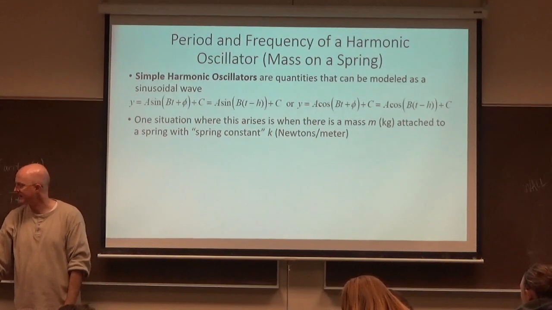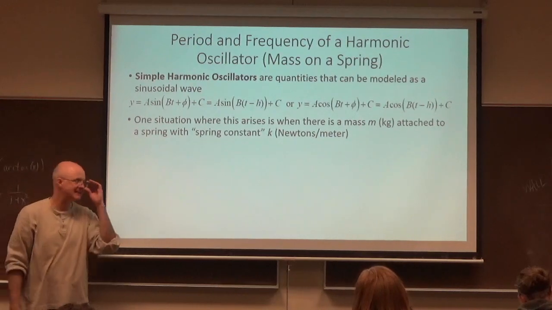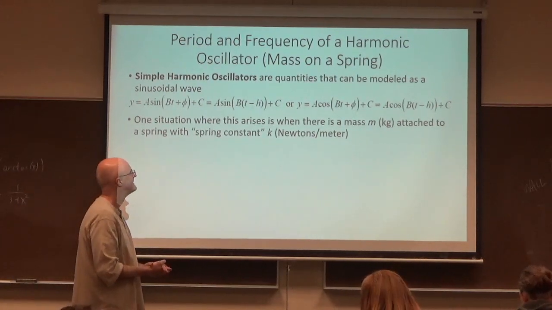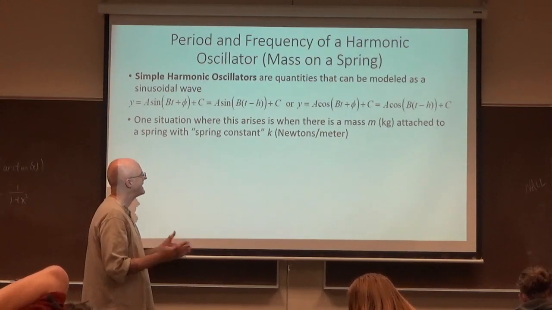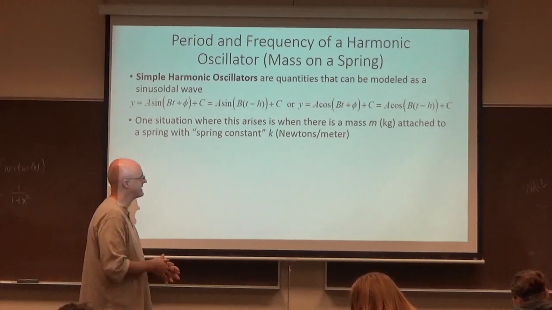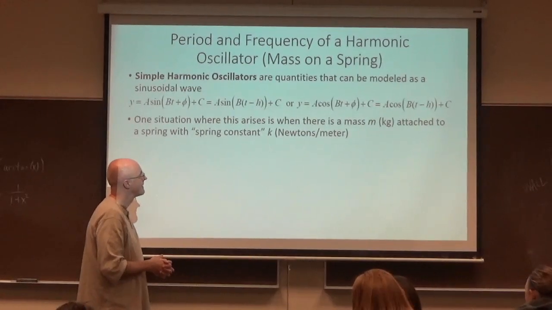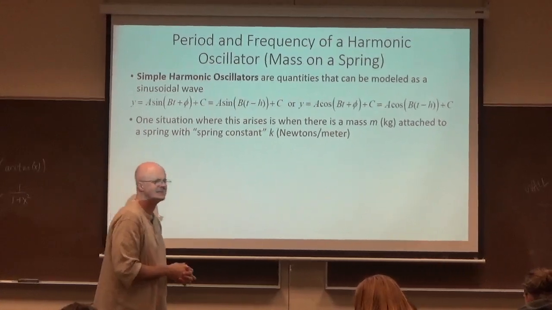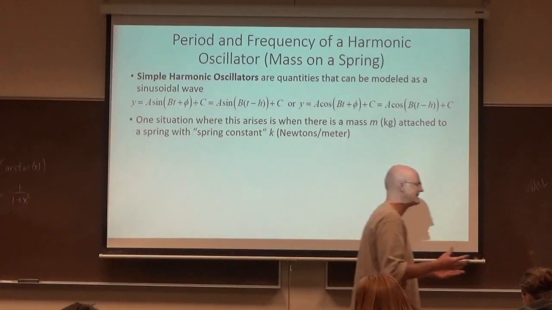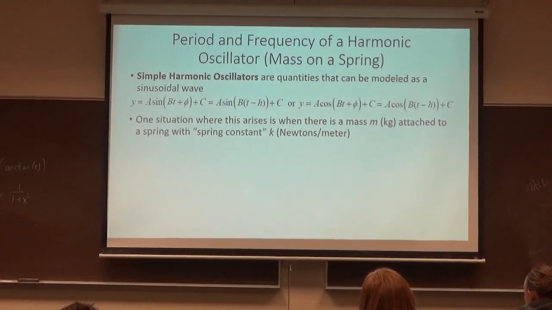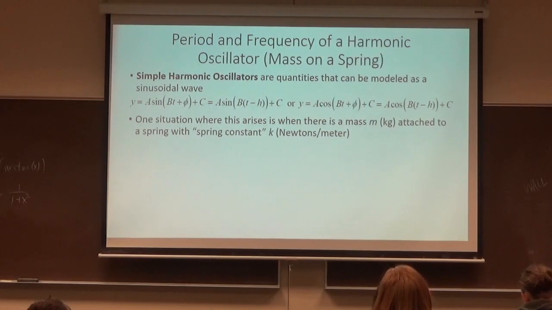Say the mass is m in kilograms, and say the spring constant k. Well, k is the spring constant. Its units technically are newtons per meter. Let's not get into details of what k represents exactly. Just think of it as the strength of the spring, so to speak.